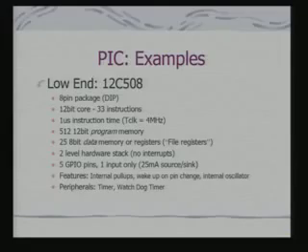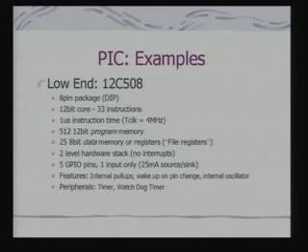So, what I have told you so far is a general description about the PIC processors, its instruction set and the peripherals. Now, we shall just look at some specific examples of PIC microcontrollers. A low end example is 12C508, and you see that there is a restricted set of features that we have so far discussed.